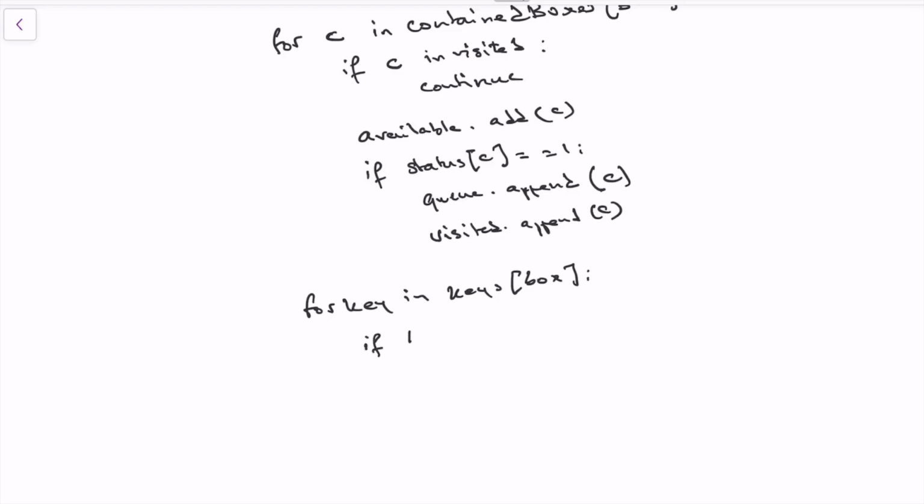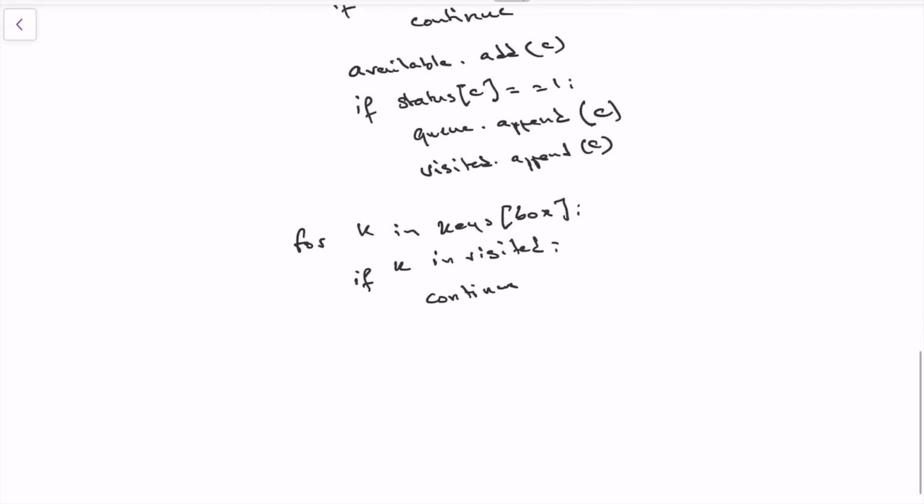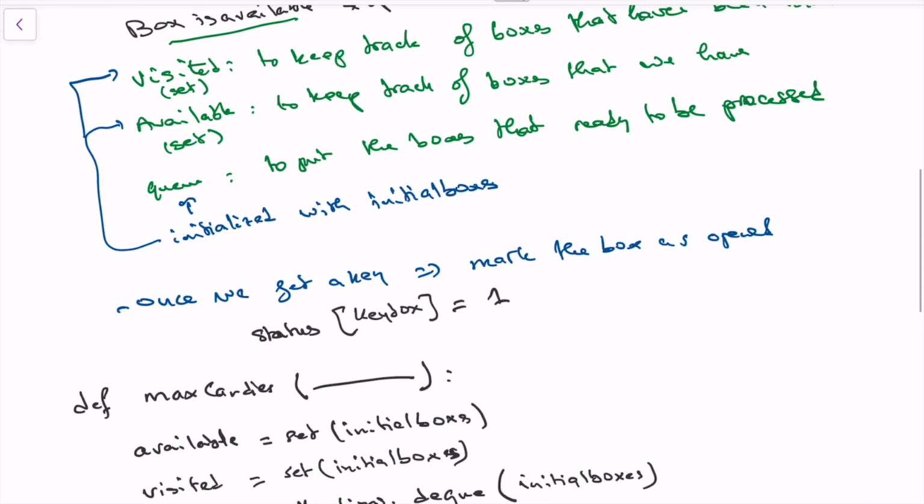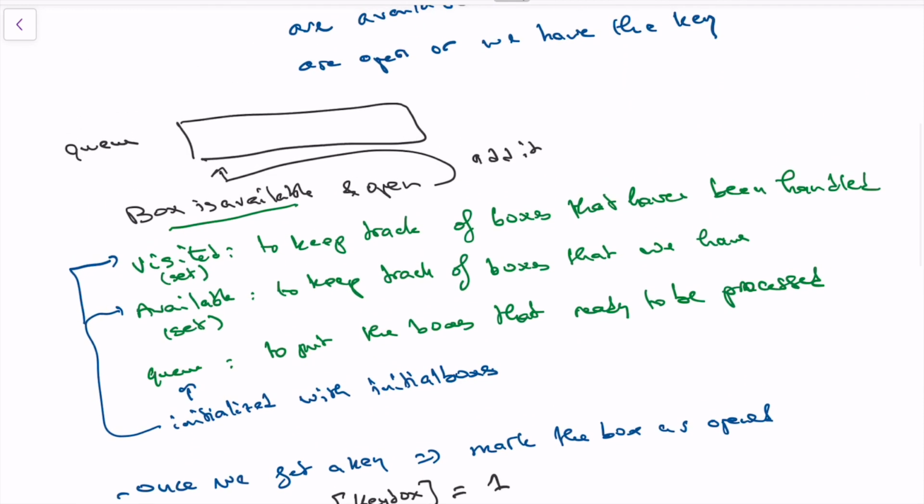If that box, which I get by, let's just call this K, if that is visited, I don't need to worry about it, right? So I can just skip it. Otherwise, I need to check. I have the key now, so I know I can open it, so I can just consider it opened, and then I will just wait for it to be available if it's not yet available.